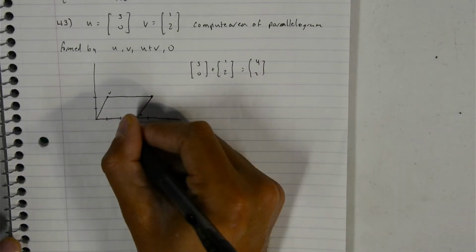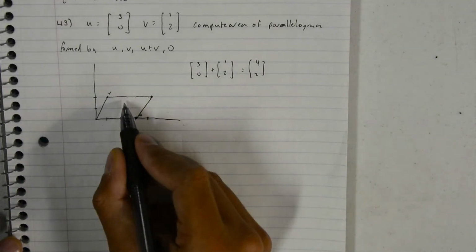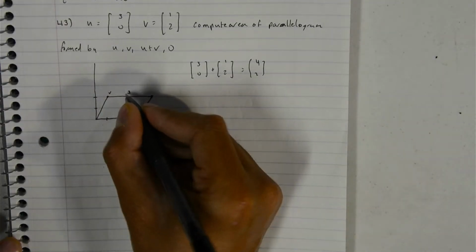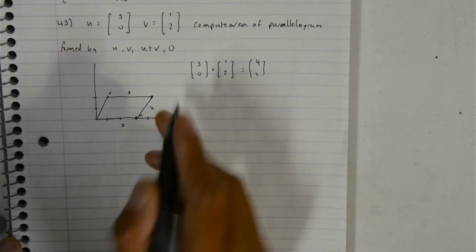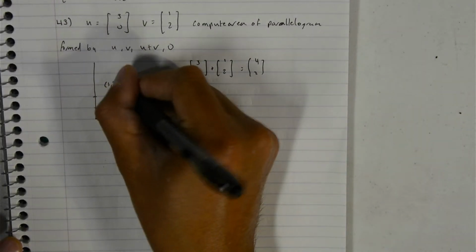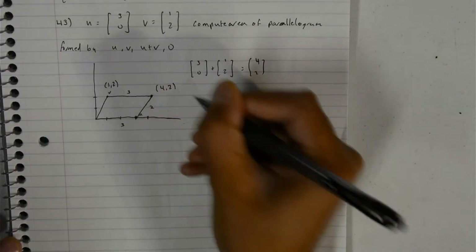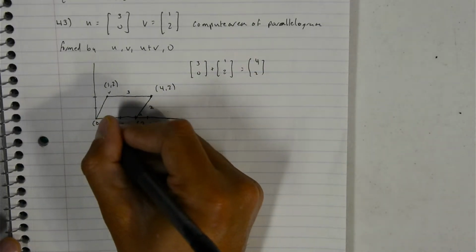Okay, so the base is 3. Wait, is that true? Oh, and this is also 3. And this is 2. Because this is 1 and this coordinate is 1, 2, 4, 2, 3, 0, and 0, 0.